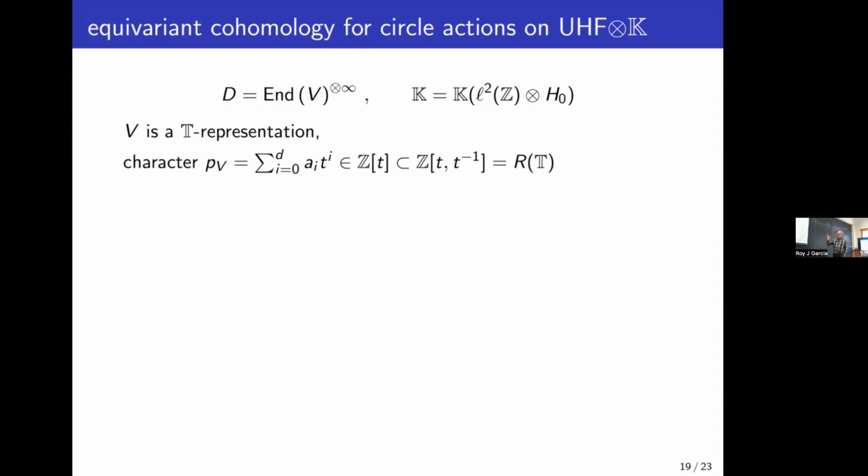But I can always multiply my representation on V, because I'm taking the adjoint action, by a very high power of t. So that means that I don't need to worry about negative powers of t. It's enough to consider characters which only have positive powers of t, and that makes what I'll explain later easier.